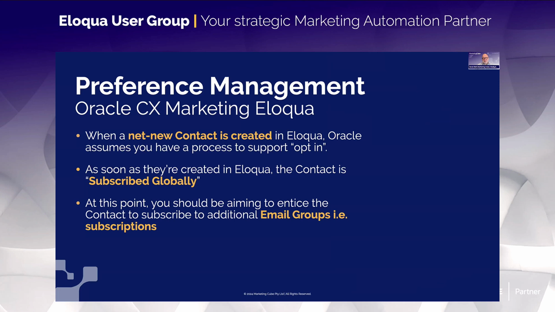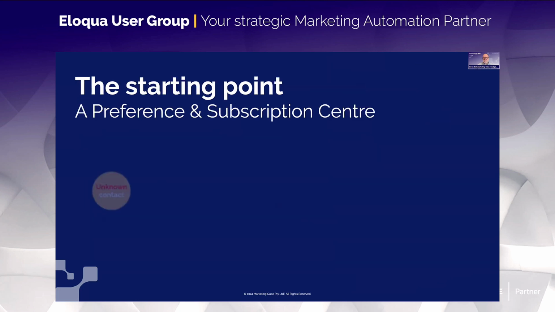There are all sorts of directions they can come from. So as soon as they hit Eloqua, however they get there, they are subscribed globally. And the next step is to start looking at email groups and how email groups can really help you manage those subscriptions within the platform. Email groups are an incredibly helpful tool. We'll talk a little more about those in just a few moments.